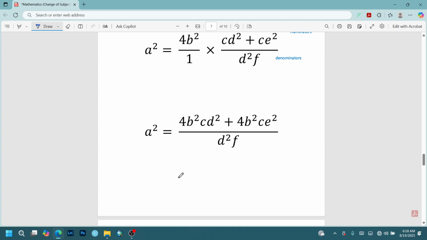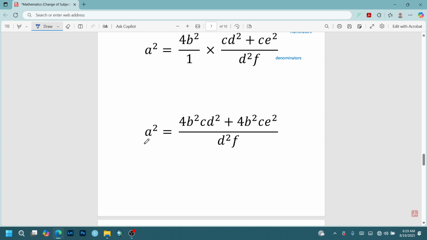Still, our a is not independent, or not standing on its own to become the subject of the relation. So we have to take some action on a for it to become independent and stand on its own, hence becoming the subject of the relation.